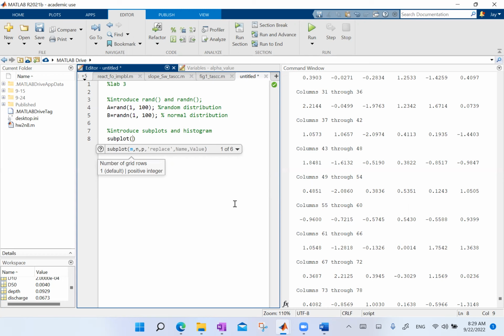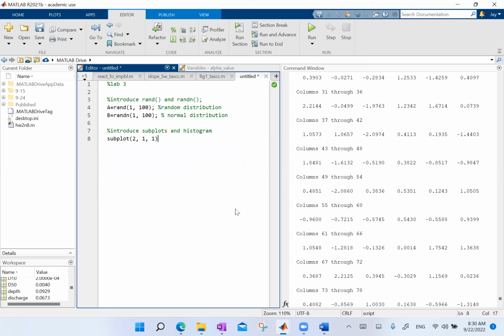So let's say M is 2, so 2 rows, 1 column, and the P is going to be the position. The first one I'm going to plot is going to be A.